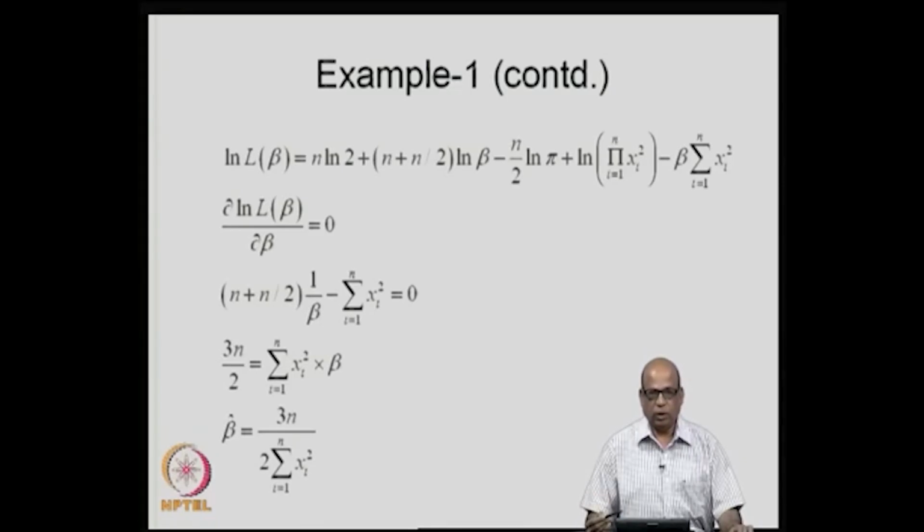In this particular case, we did take the logarithm, and because we are maximizing, we take the first differential, which is a necessary condition, with respect to the parameter, equate it to 0 and solve for that parameter. If you had more than one parameter, what you would have done? You would have differentiated the logarithm of this likelihood function with respect to each of the parameters, thus generating as many equations as you have parameters, and solved all of them to get those parameters.